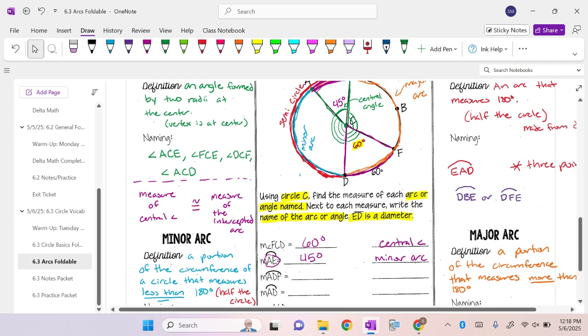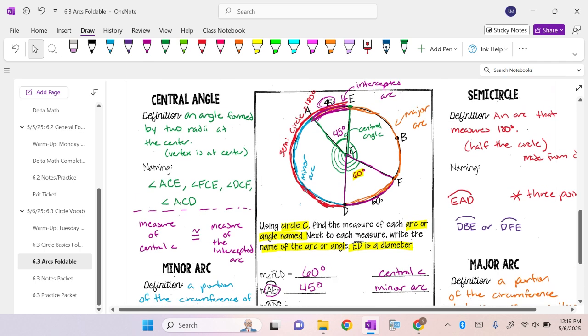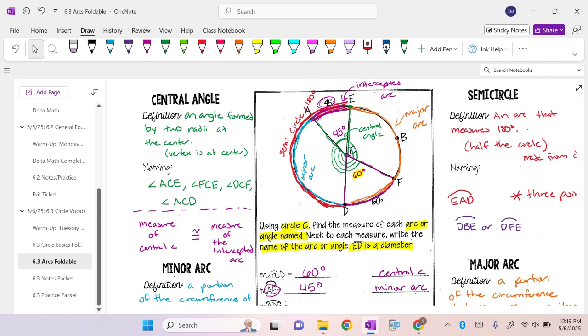Now, the measure of arc ADF. Where would ADF be?